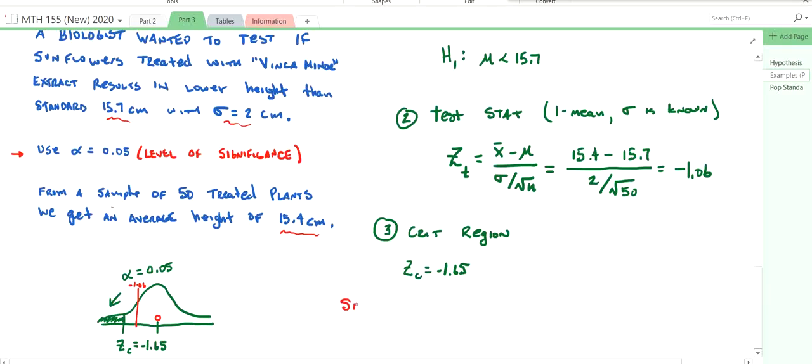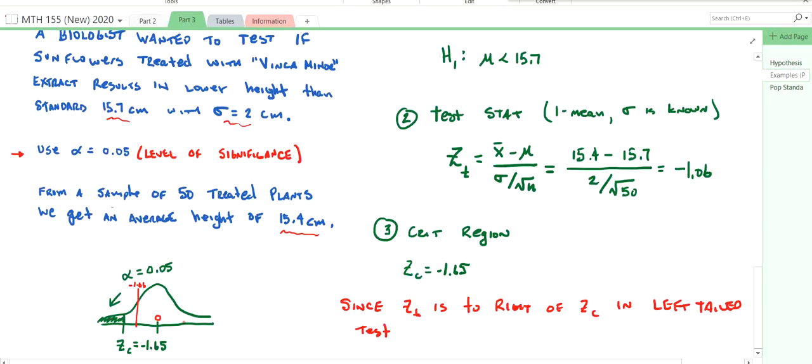So since z test is to the right of z crit in a left-tailed test, essentially this is falling outside of the critical region.